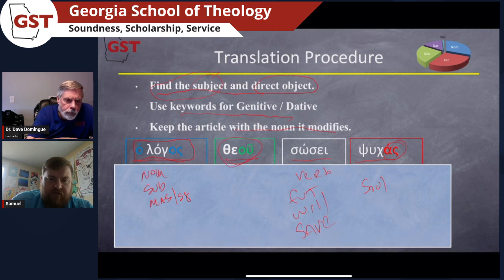Okay. What about the tou? That's genitive. Right. How does it function? Singular. Sure, singular, because the plural would be the omega nu. Right. But how does it function?